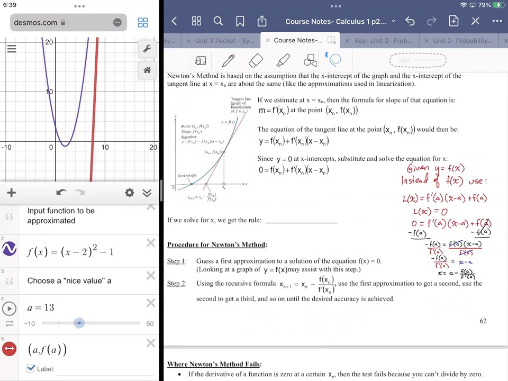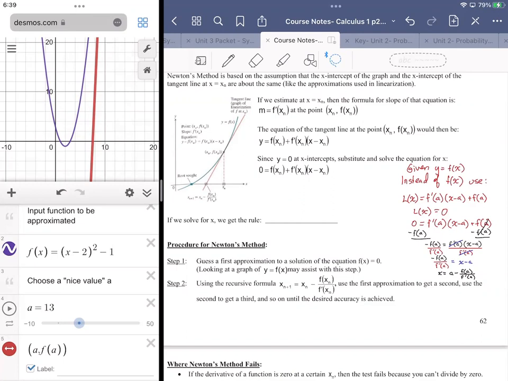So if I take the answer to this expression here, simplify this, get an answer, and then plug that answer back into the expression and keep going, I'll get closer and closer to the true value, right? Because what it's going to do is it's going to inch closer and closer to the actual root, right?